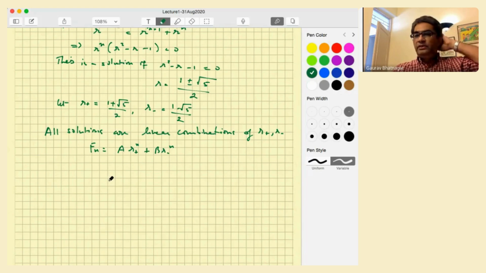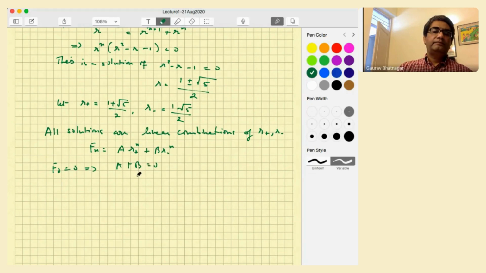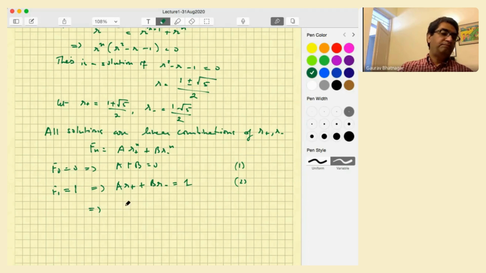So this is the general solution, and from here one can calculate that if f0 equals 0, this means that a plus b is 0, and f1 equal to 1 means that a R plus plus b R minus is equal to 1. From the first equation, we have a times (R plus minus R minus) is equal to 1.